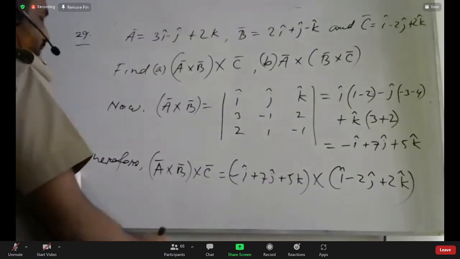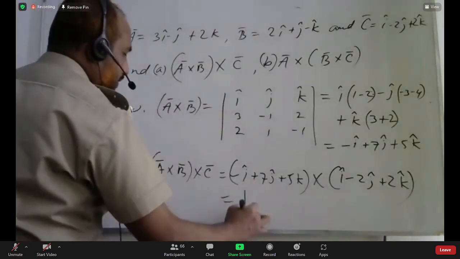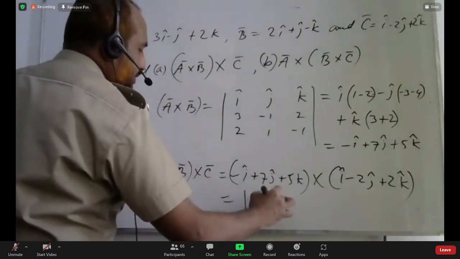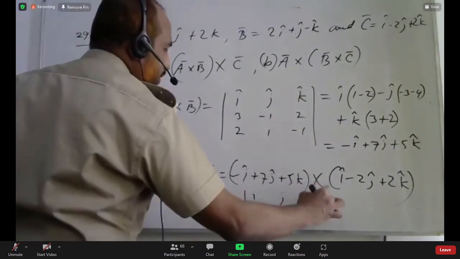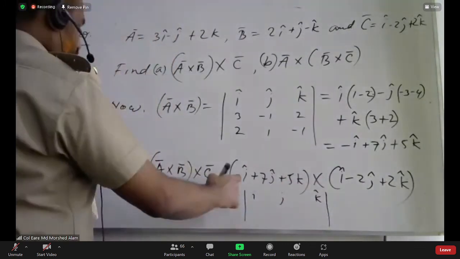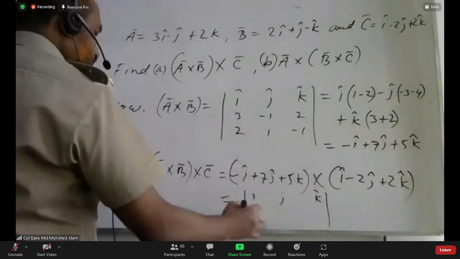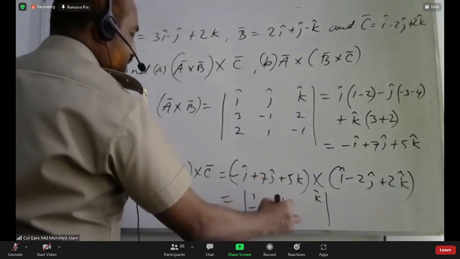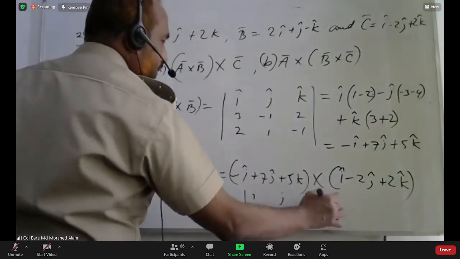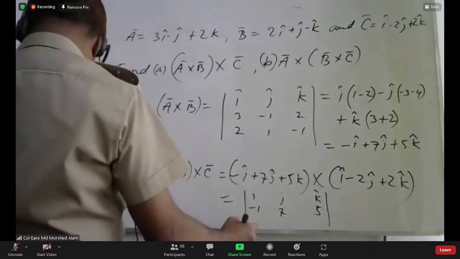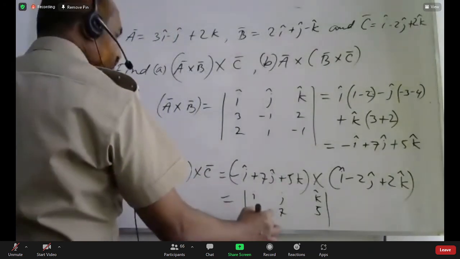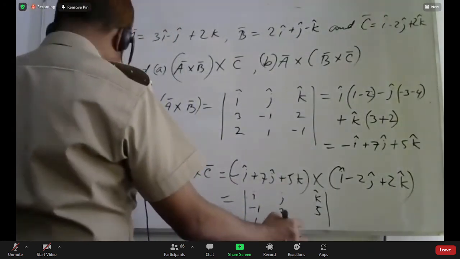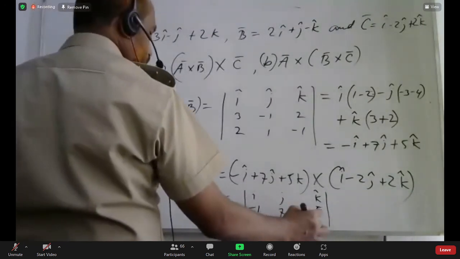So how to find out this? Again, i, j, k, and the components of this: minus 1, 7, 5, and the components of this: 1, minus 2, then 2.